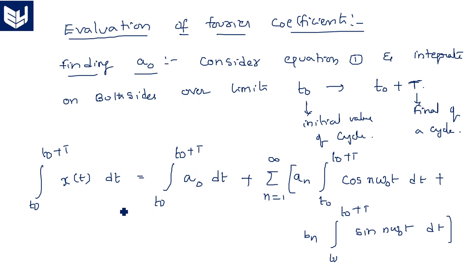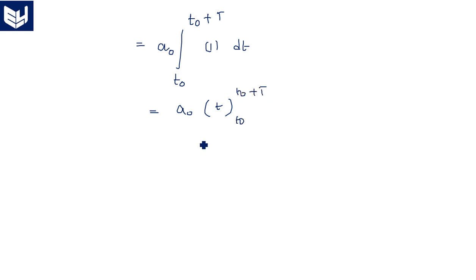Taking another step, that is equal to a naught, constant, taken out, integral t naught to t naught plus t of 1 dt, which is a naught times t evaluated between the limits, equal to a naught into t naught plus t minus t naught.